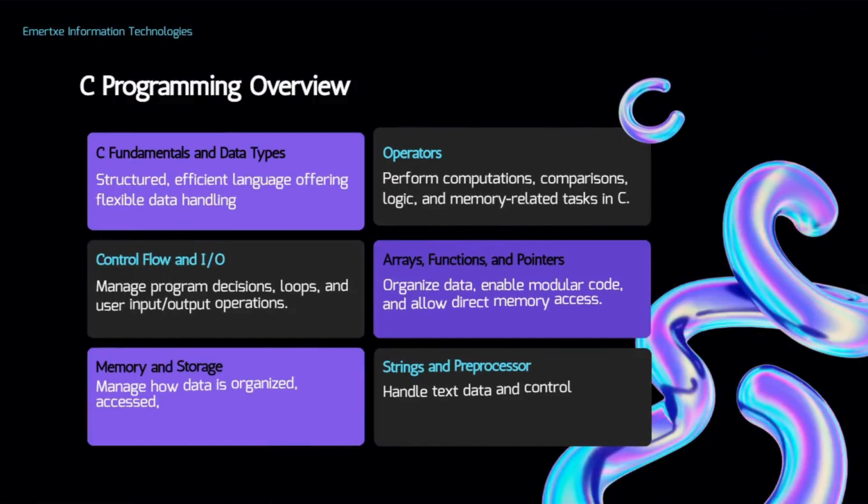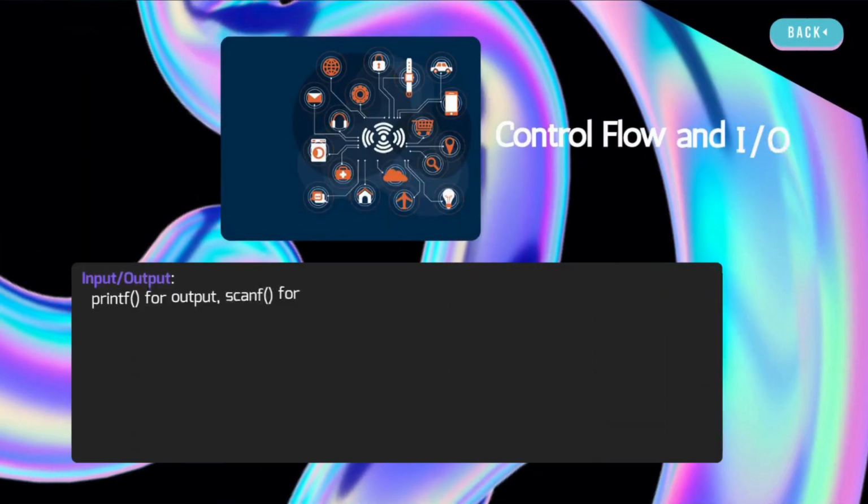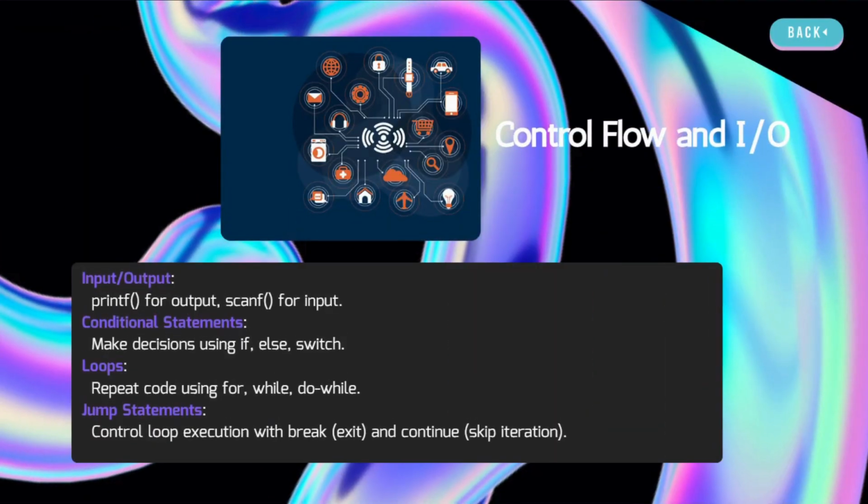Now, let's see about control flow and input and output. Control flow and input and output are what let your program make decisions, repeat tasks, and interact with the user. In C, we used printf for output and scanf for input. These are straightforward but essential.